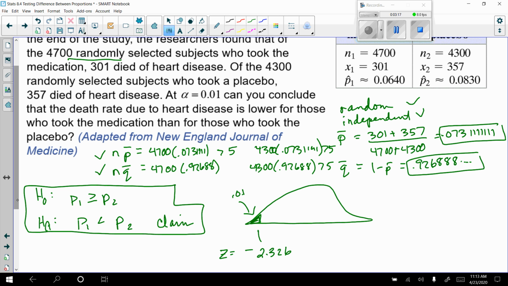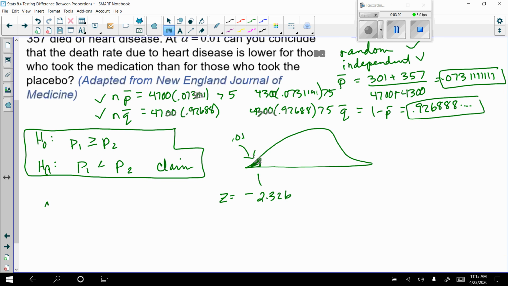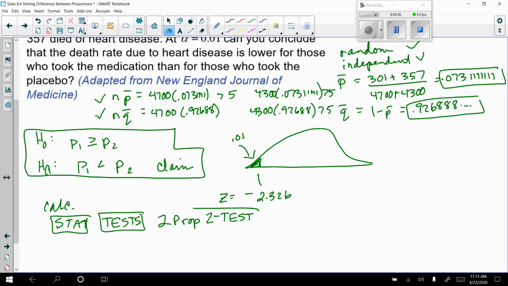Now for this one, I'm going to jump right to using the calculator. I'm going to hit the stat button. I'm going to move over to tests. I'm going to do a 2 proportion z test. And I'm going to enter my statistical data. The statistical data that I'm going to enter, stat test 2 proportion z test: my x sub 1 is going to be 301.